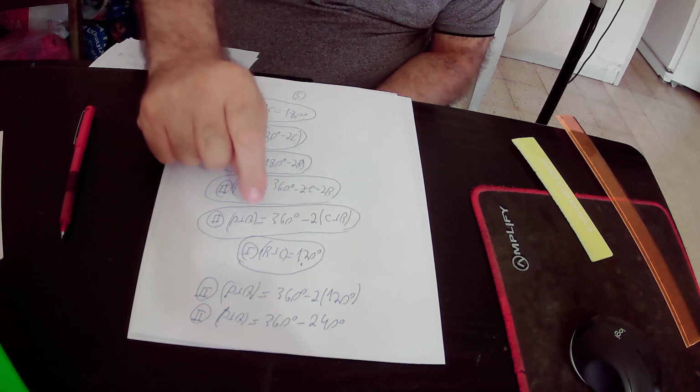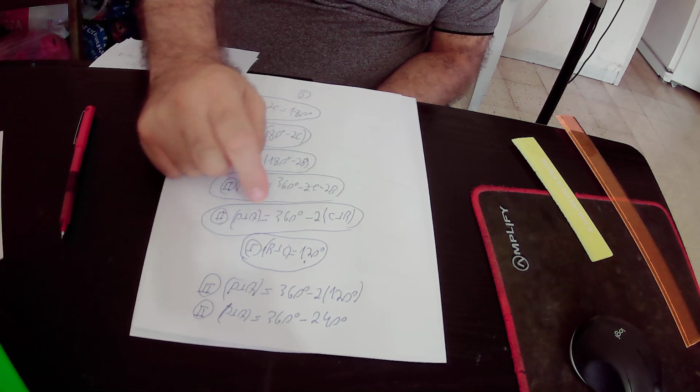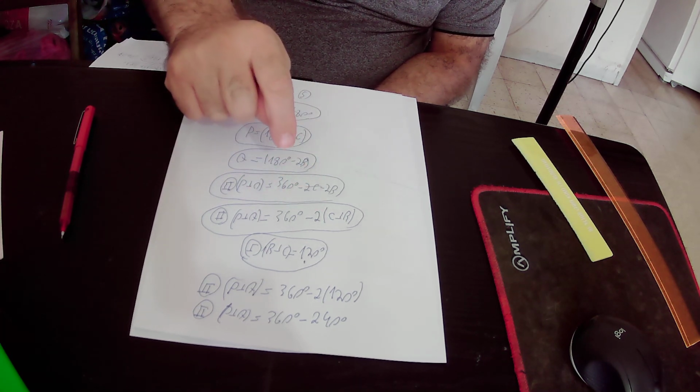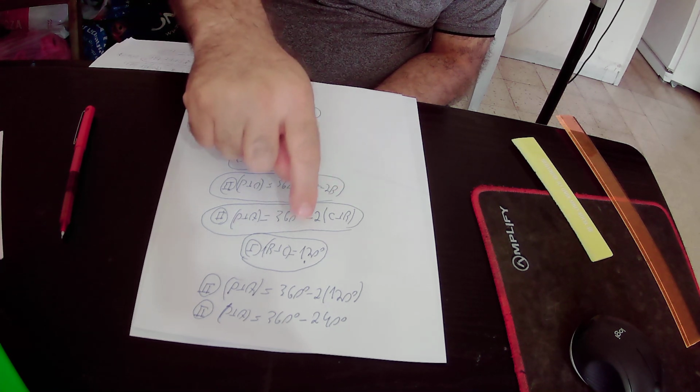But we know that B plus C, or C plus B, equals 120 degrees. So we can substitute C plus B in equation number 2 by 120 degrees.